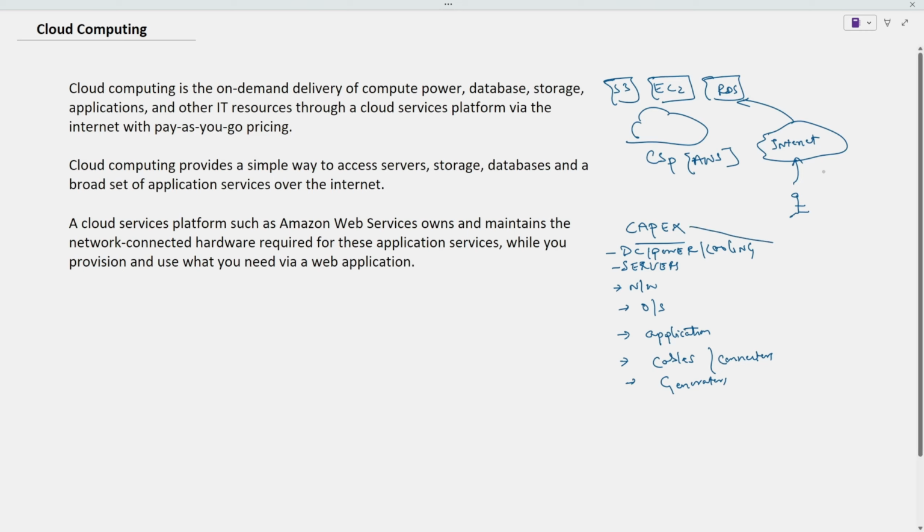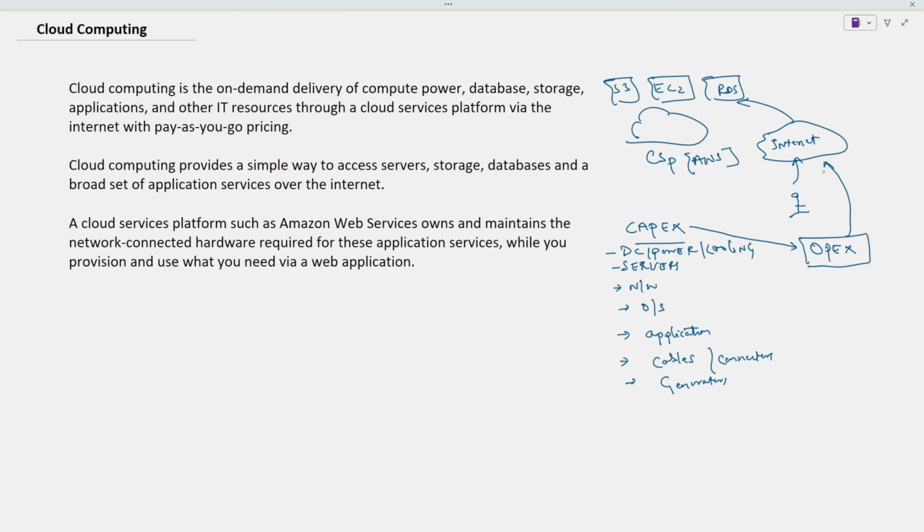And when it comes to cloud computing, we move from capex to opex. So this is operational expenditure. So basically we provision and pay only for the resources whatever we are using. We are not paying for the data center, we are not paying for the security to maintain the data center, we are not paying for the servers, network.